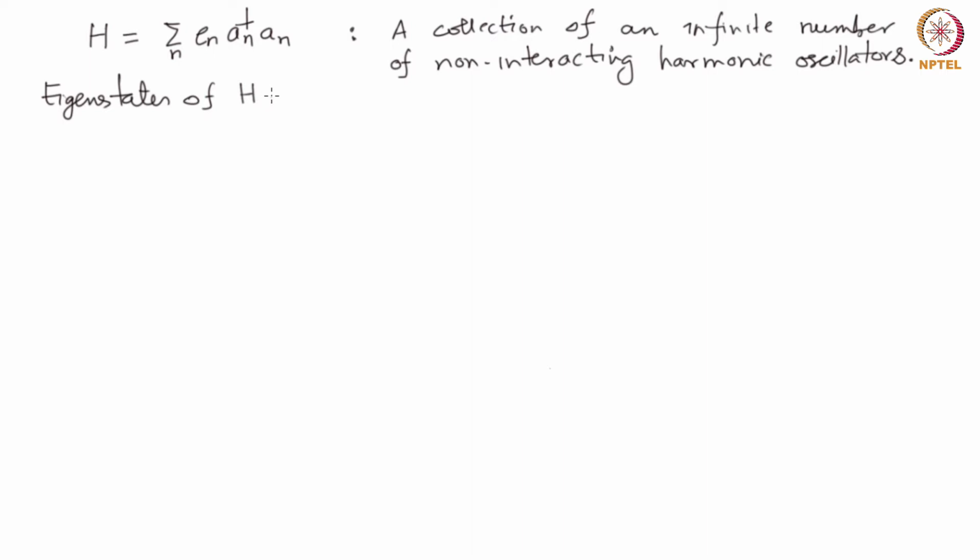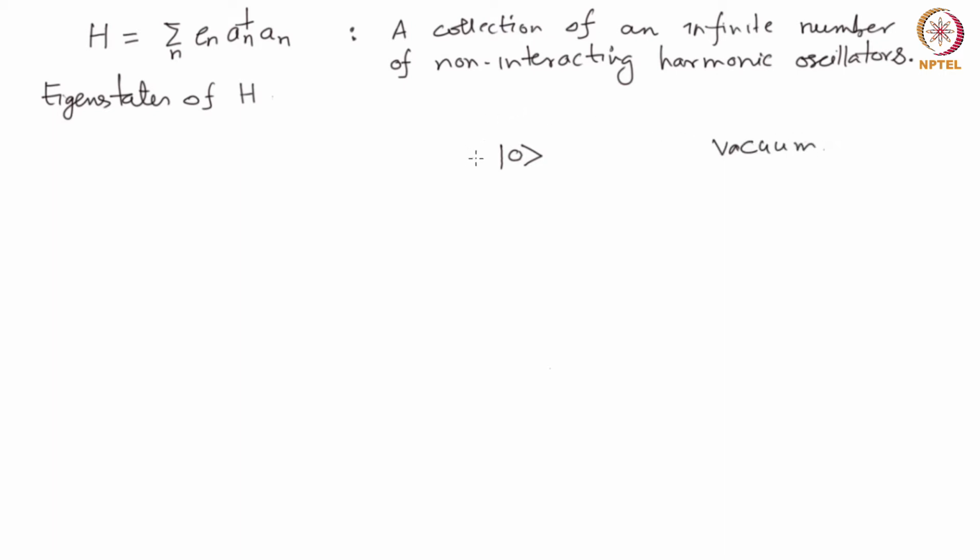We found that if you take the vacuum, that's the ground state of your theory. If you act on this with the Hamiltonian, you get 0, or if you put a half h bar omega term here, then it gives a half h bar omega. So that's the ground state, and it is also called vacuum.